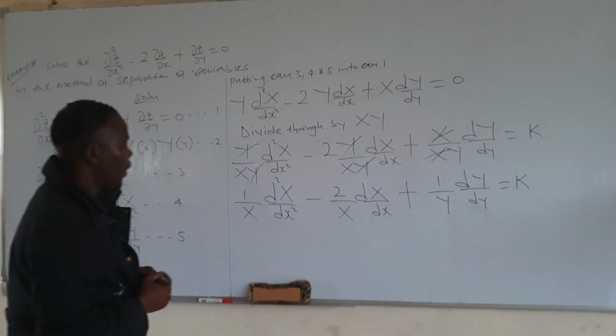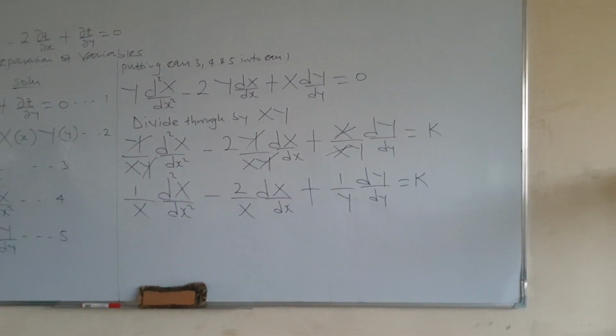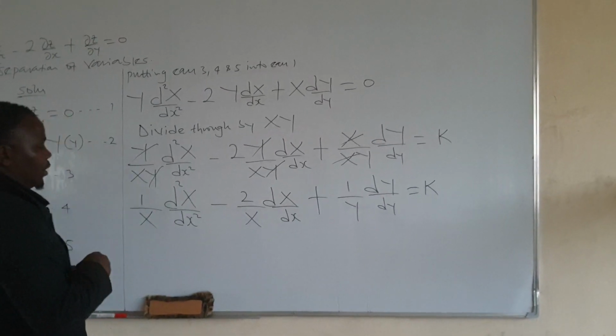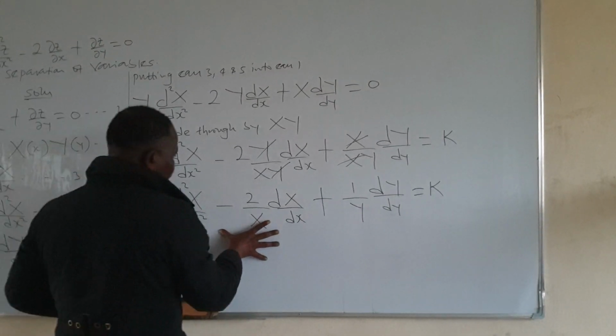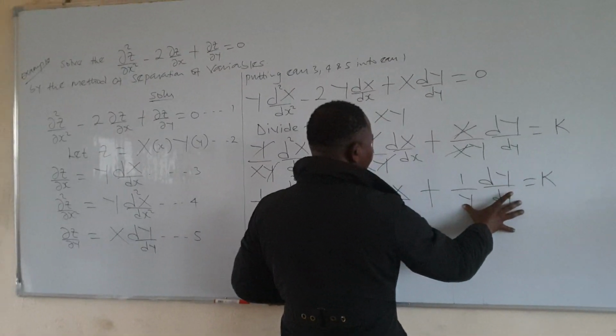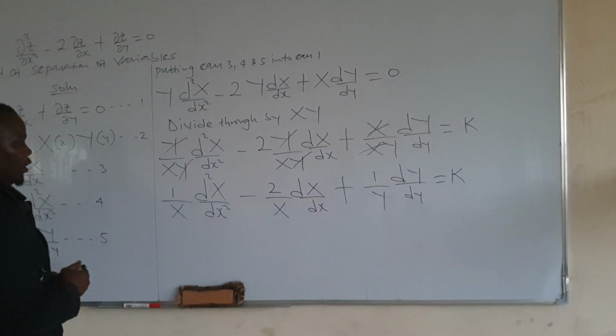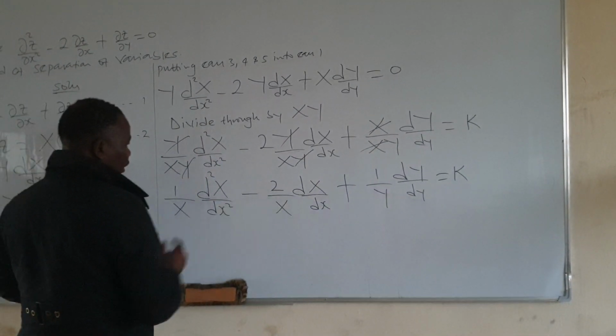Is that clear? Now these are 2 differential equations. This is a second order differential equation, while this is a first order differential equation, and you equate the 2 to k.